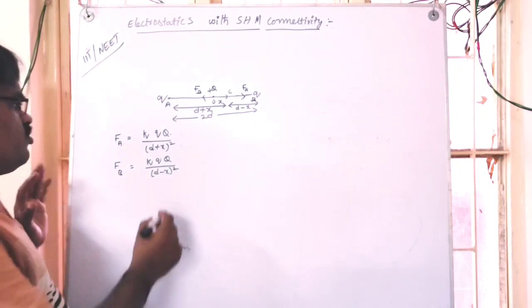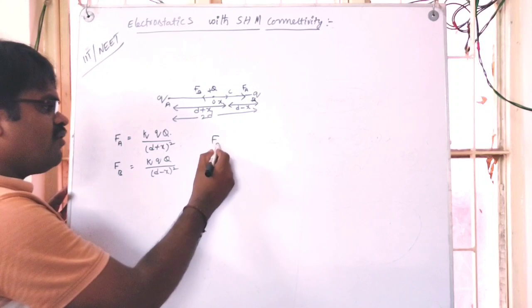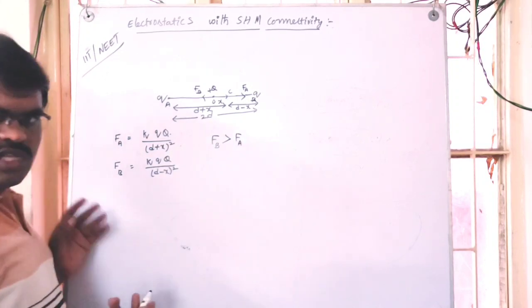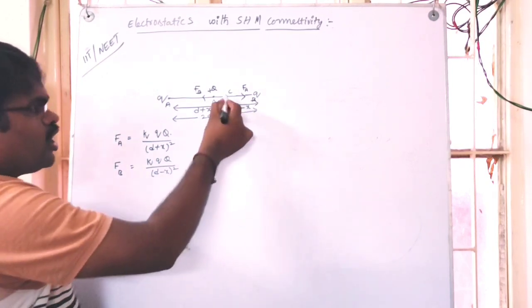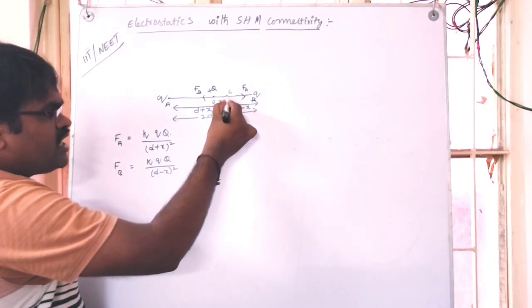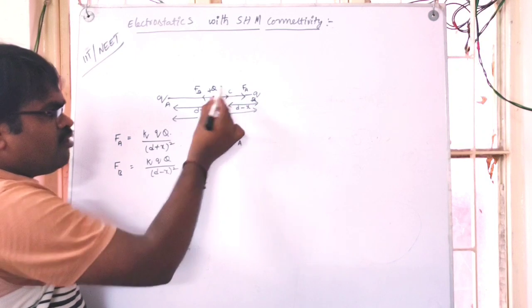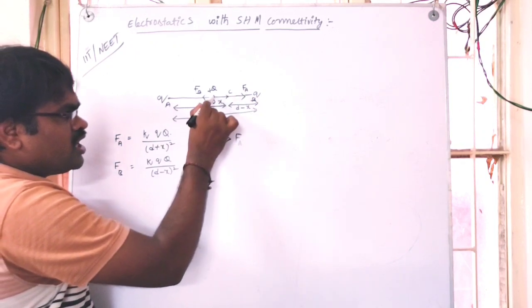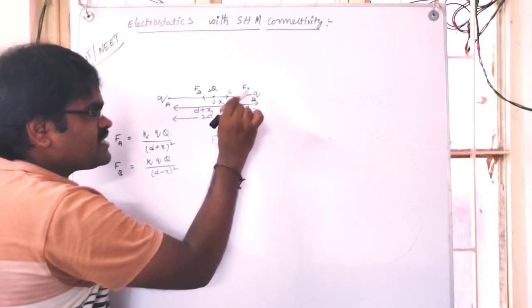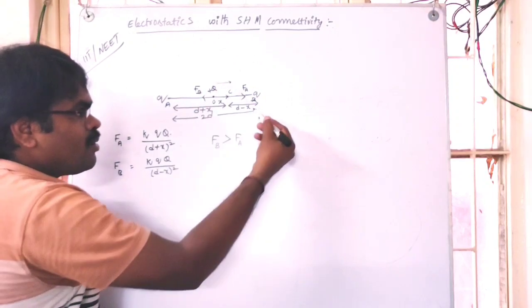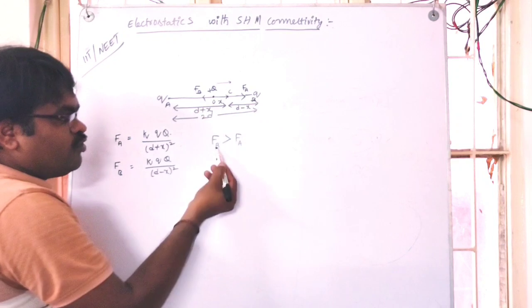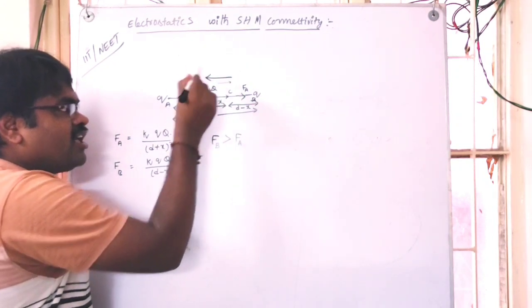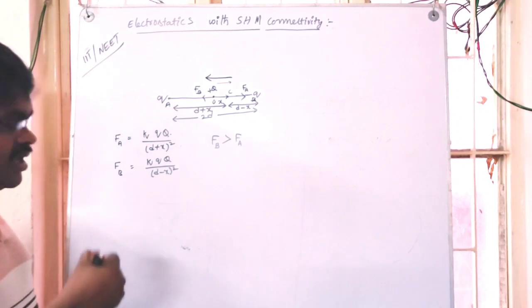Now in this, which force is large? Fb is greater than Fa. The charge will be displaced in this direction, but the resultant force, the Fb force being large, will act in the opposite direction.